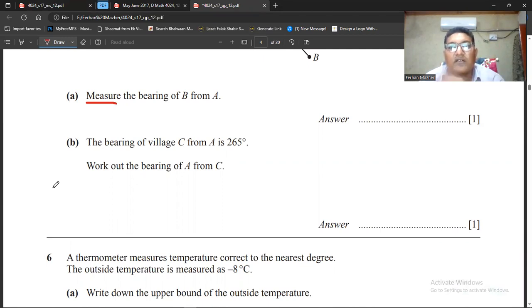If the forward bearing is more than 180, like 265, then for the backward bearing you simply subtract 180 from it.